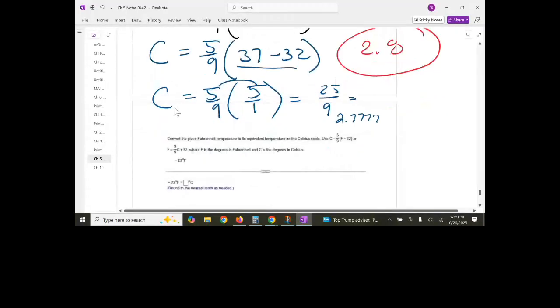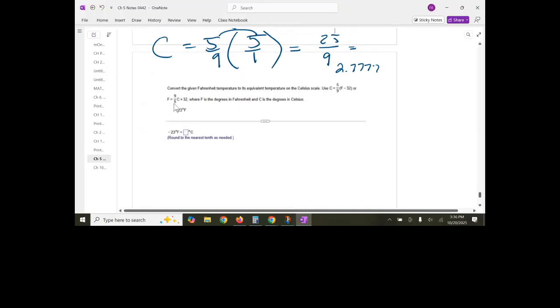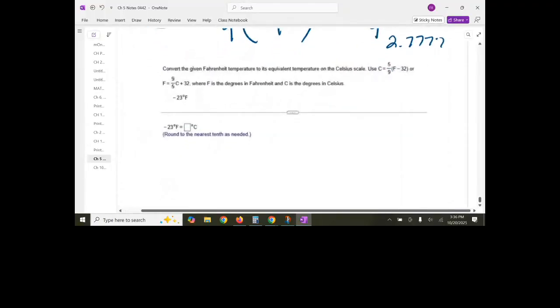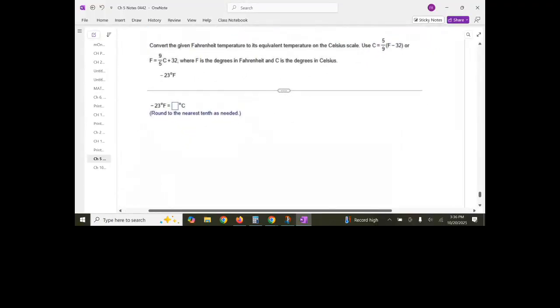Okay. So y'all, I got one more down here to do. And we're going to figure out again, when the temperature is 23 degrees below in Fahrenheit, what is the temperature in Celsius? Okay.